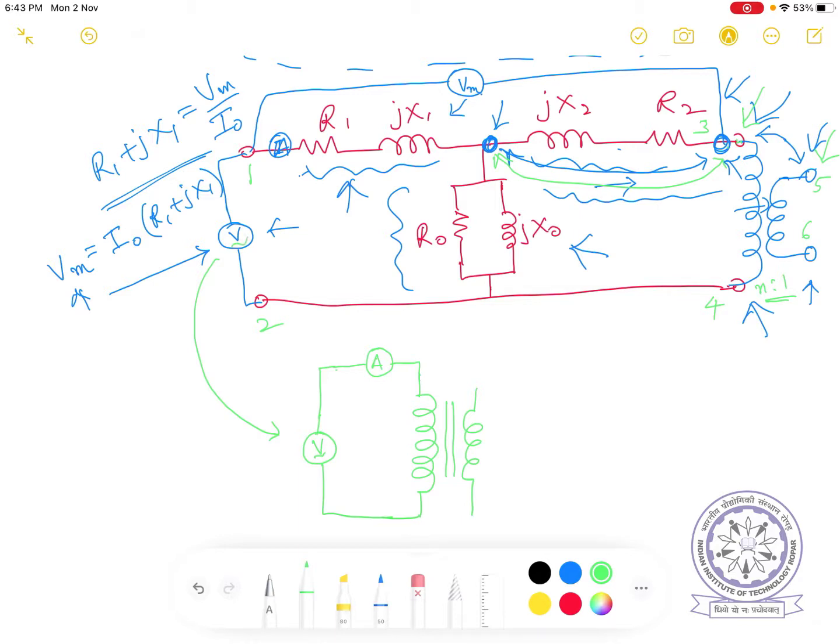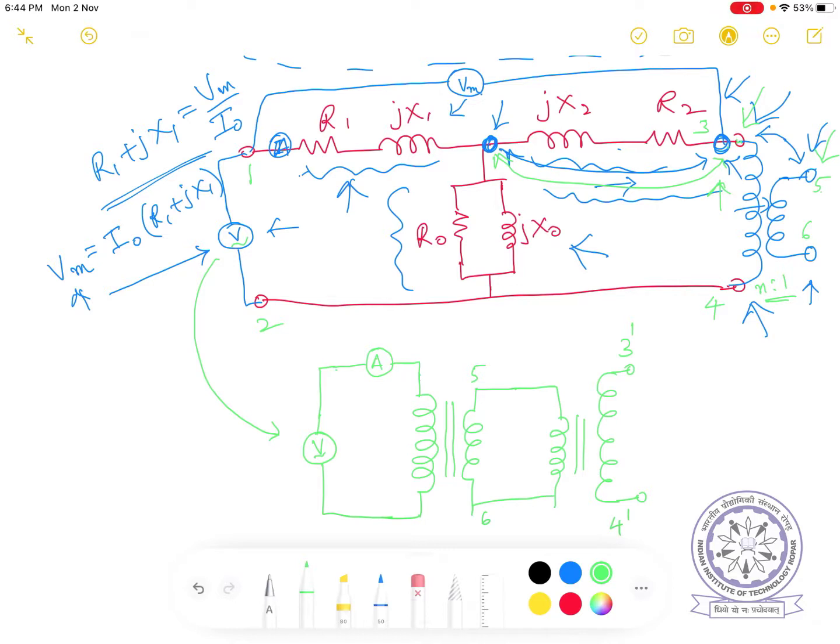Now this is the transformer secondary. Now we will have to connect one more transformer like this and raise the potential, because you are having access to these 5, 6 points only. This is 5, this is 6, and then you have to raise the potential to say 3 dash and 4 dash. 3 dash has exactly the same potential as 3.